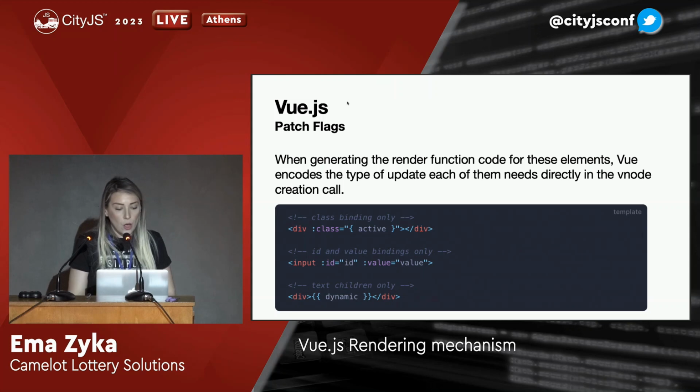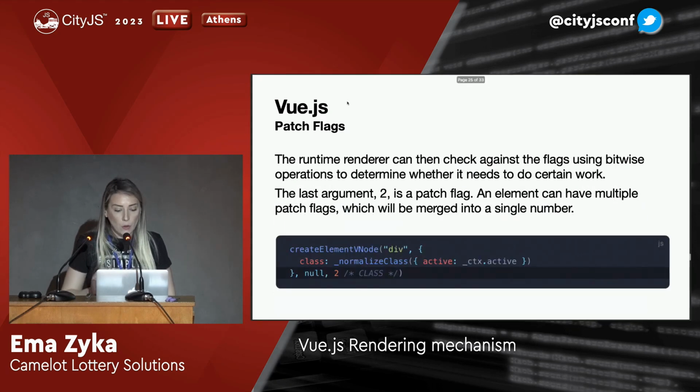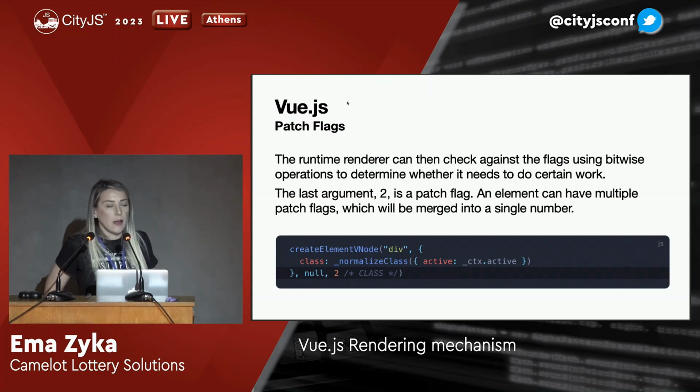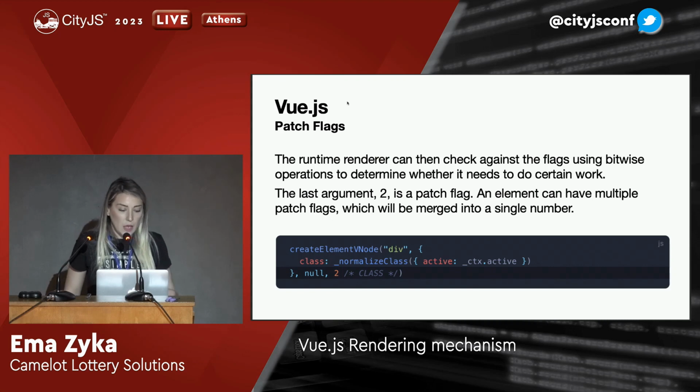The render function has some generated code behind it, as I mentioned before, with some specific numbers that each determine and describe what the update is going to be. So Vue knows that if there is some binding, there is some kind of change going to happen in the value, and for that case, number 2 is the number that describes this use case.